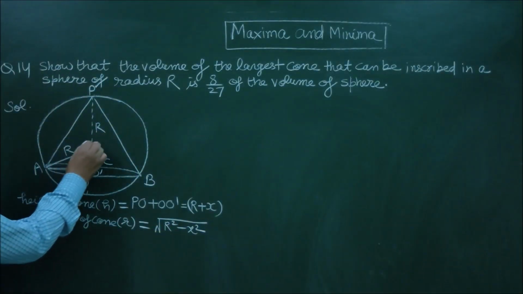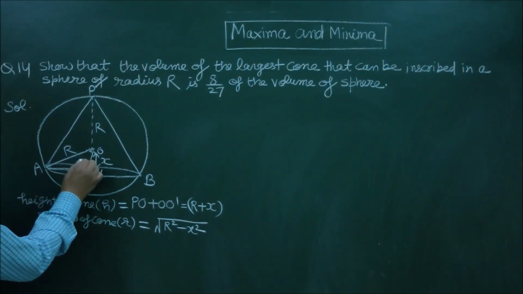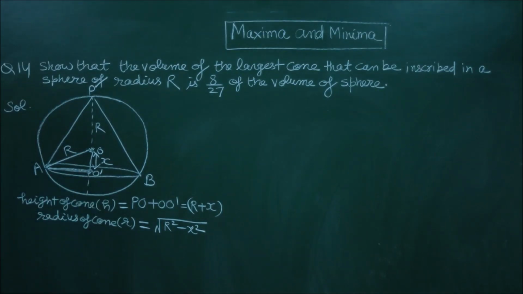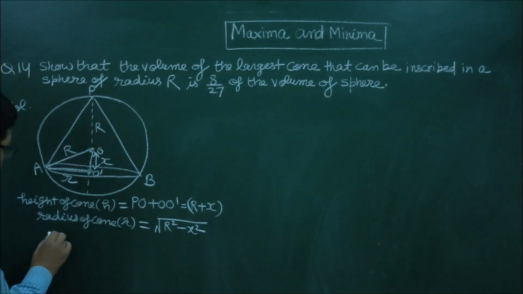Using the Pythagoras theorem in this triangle OO dash A, r square minus x square is equal to AO dash squared, the radius of the cone. Now the volume of this largest cone is to be maximum.